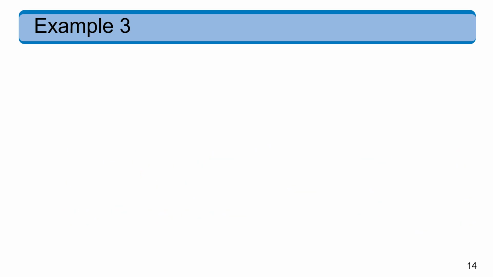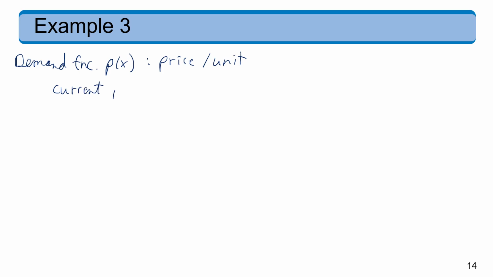Let's now work on finding the demand function, which is what we're calling P of X, and remember it stands for the price per unit. So remember what we know, the current price is $350 per unit.